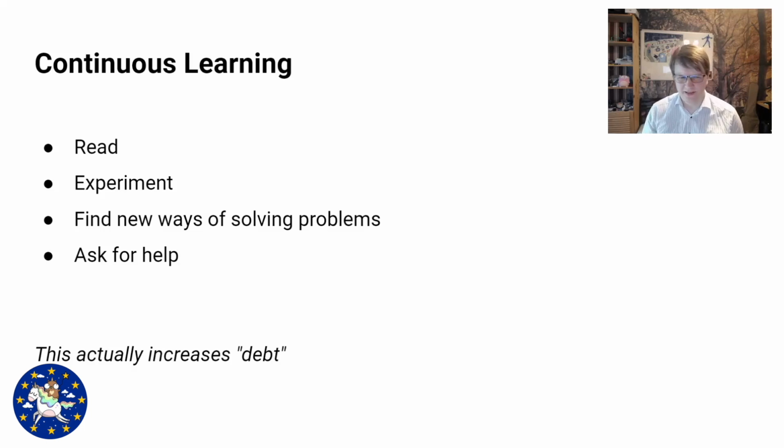One interesting thing here is that learning about things increases this technical debt because you know new ways of improving the system, however the code hasn't improved. But what it does is it prevents this increase in effort from happening at as rapid a rate as if you didn't know this information in the first place.